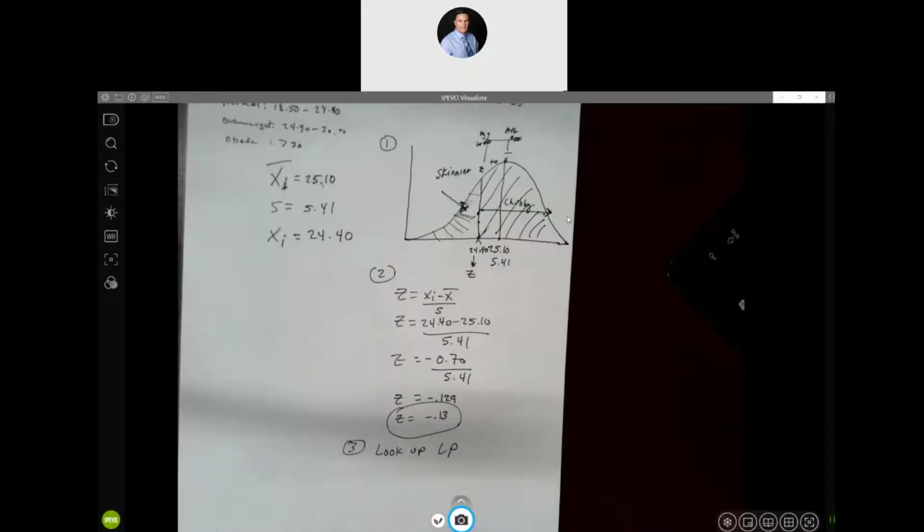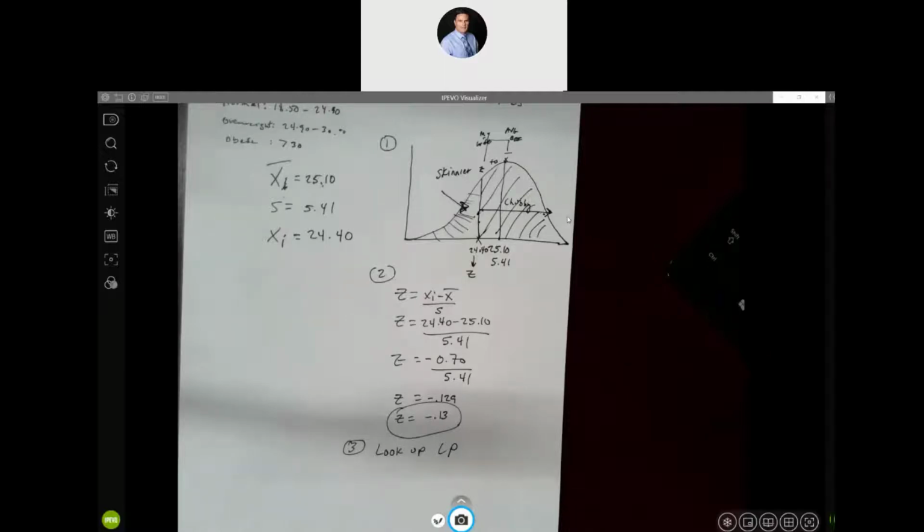So take your left hand and find 0.13. Take your right hand and go to the large portion. Put your finger on the words that say larger portion. Move your left hand to the right and move your right hand down. And when your two fingers kiss, you'll see the percentage of scores that are in the larger portion.